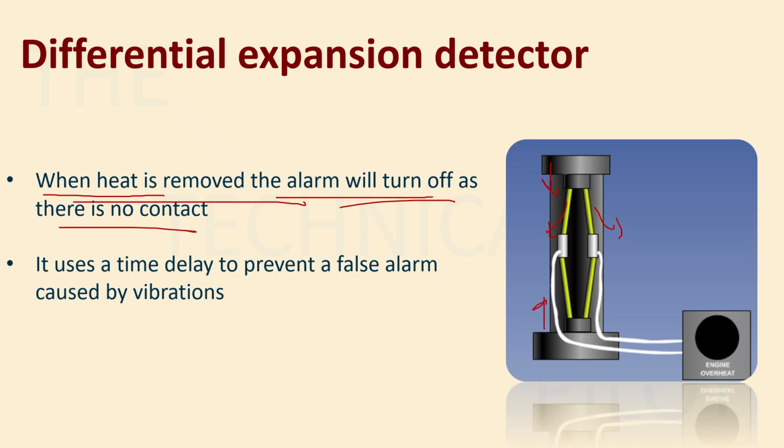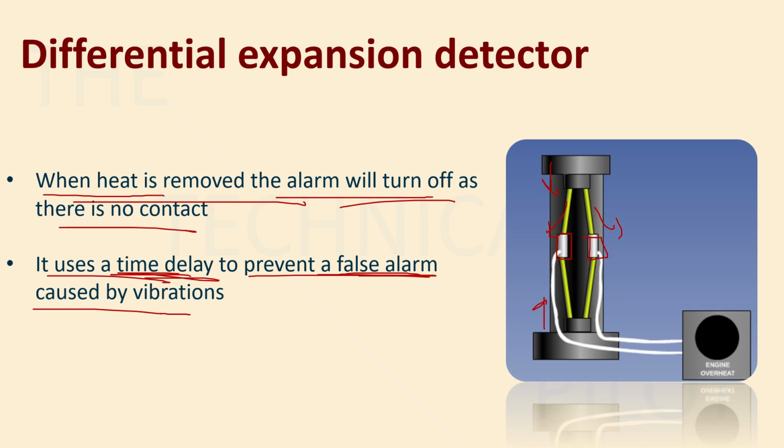So this is your differential expansion detector, and there is a time delay which is used to prevent a false alarm caused by vibration. Obviously, these two parts are not very far apart; they are almost close. The aircraft is a dynamic body, so it can have vibrations.